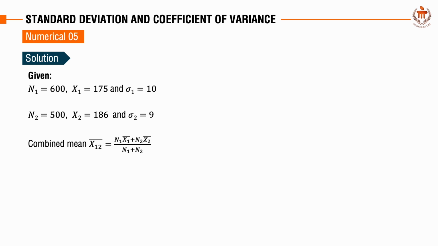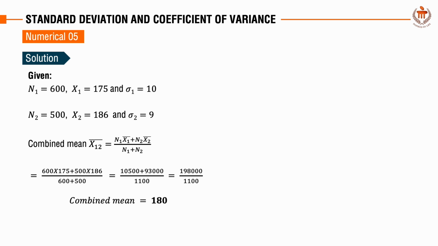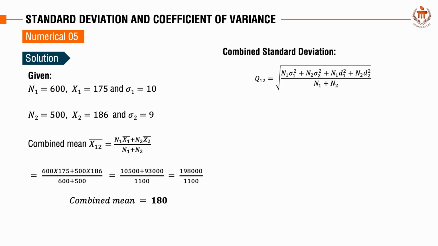175 and 186 are the individual means of the n1 and n2 data. So when we apply this formula, N1 is 600, X1 bar is 175, N2 is 500, X2 bar is 186. So when you apply the formula, we got the combined mean as 180. Once we got the combined mean as 180, we can find D1 and D2.